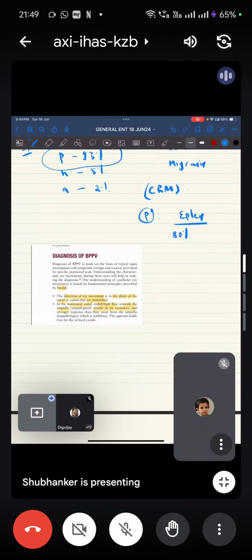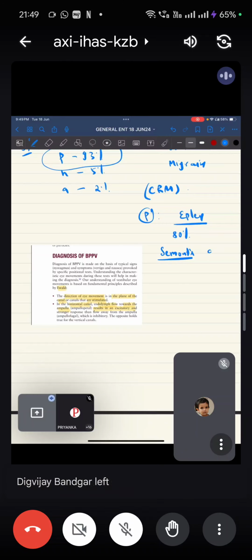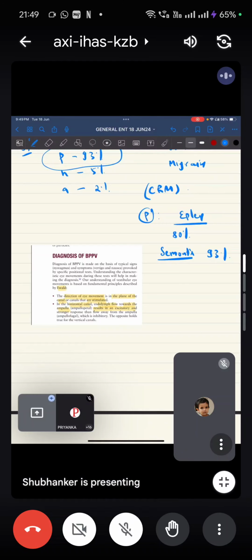Apart from Epley's, the second maneuver you should know about is Semont's maneuver, for which the number Scott Brown mentions is 93% resolution. And the exercise prescribed in BPPV is the Brandt-Daroff exercise.